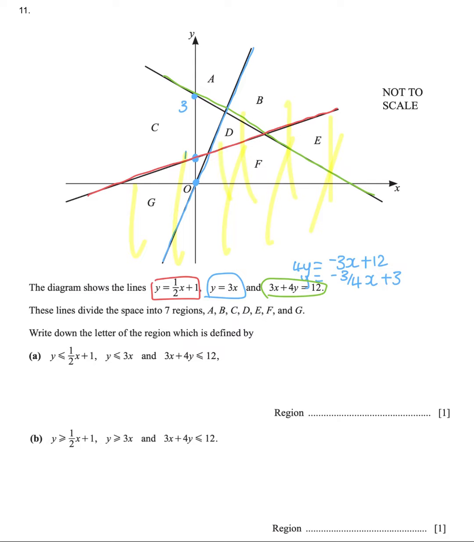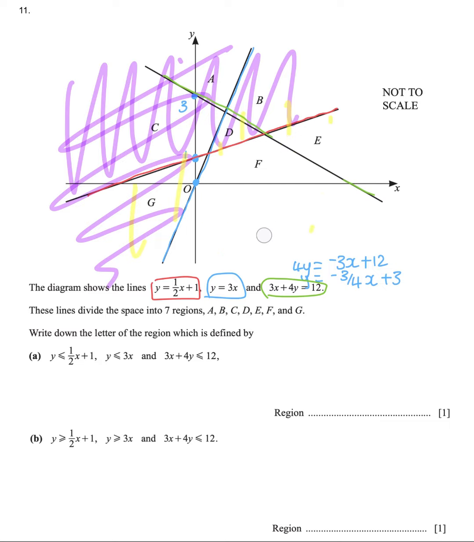And then the last one is, let me shade in purple the bits we don't want for now. So I don't want this, and I don't want this. It's a little bit easier to see maybe. And then the last one is with E. So E is saying that this is less than or equal to 12.